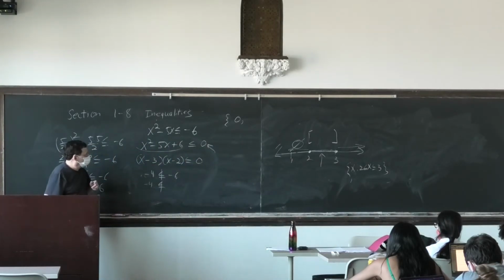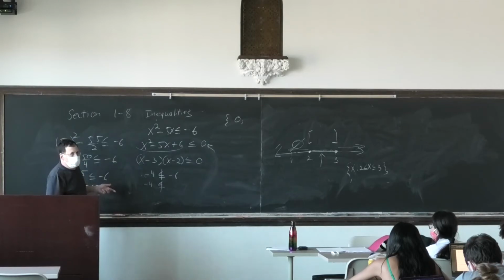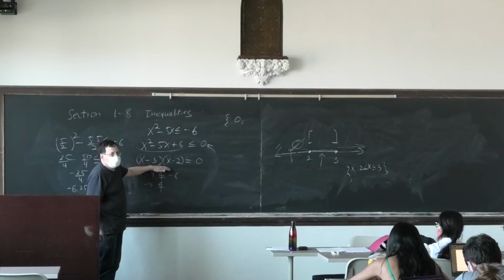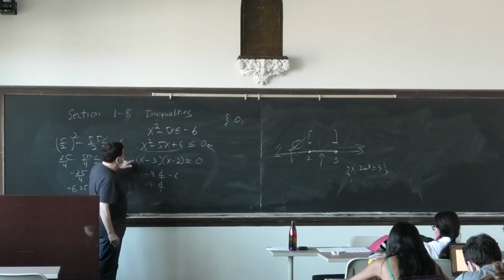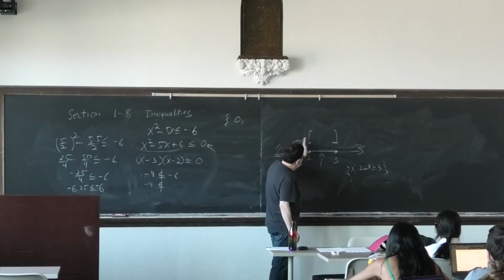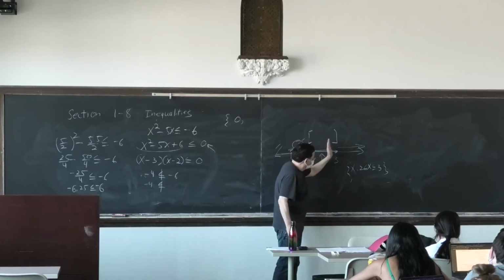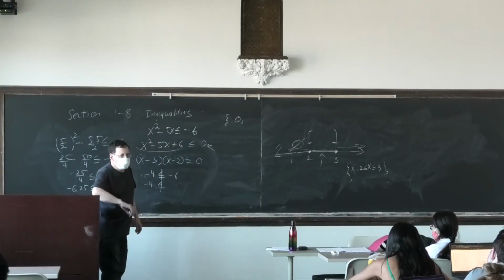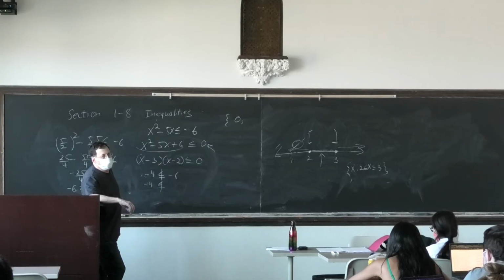Now, a good question is, do we always get this pattern where it's not part of the solution set, it is, it's not? Often it will be, but not always.